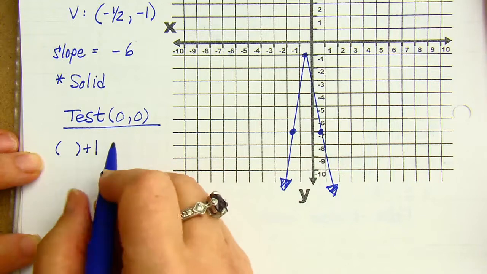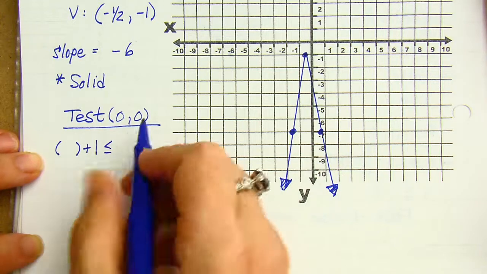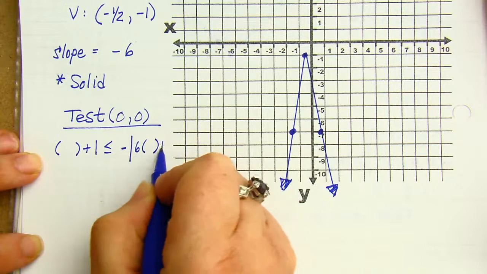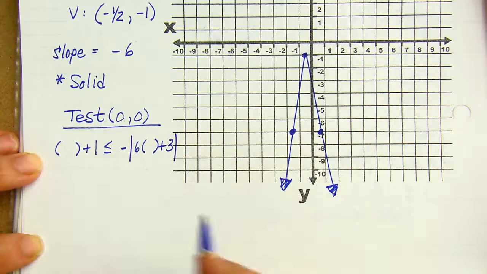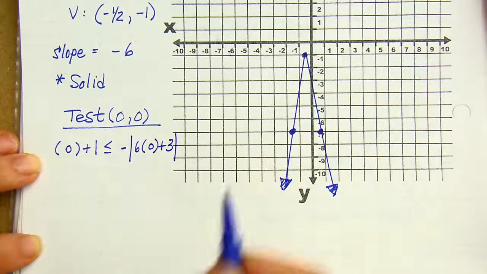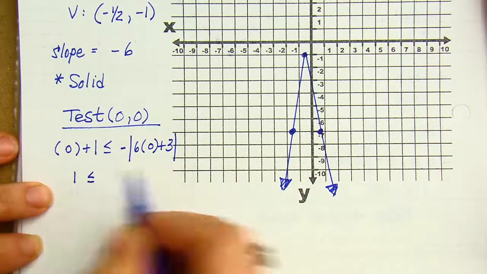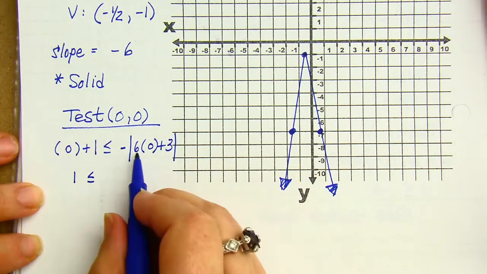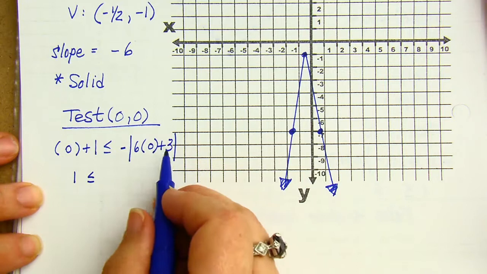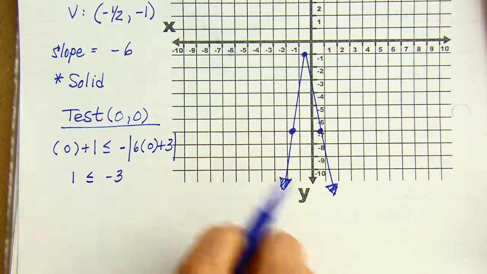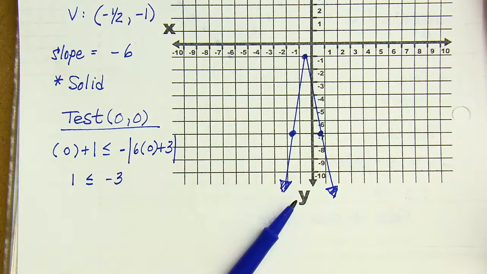Y plus 1 is less than or equal to negative on the outside, 6 times x plus 3, close the bar. I'm going to substitute my x and y. 0 plus 1 is 1. Is 1 less than or equal to, well, look at this. 6 times 0 is 0 plus 3 is 3. Absolute value of 3 is 3 times negative 1 is negative 3. Is this true or is this false?